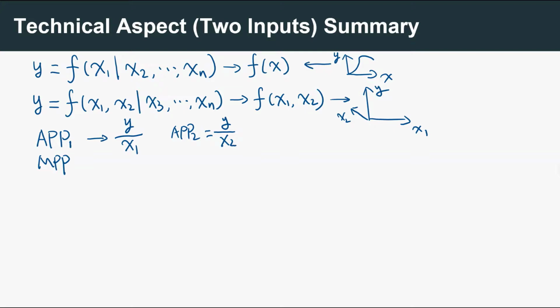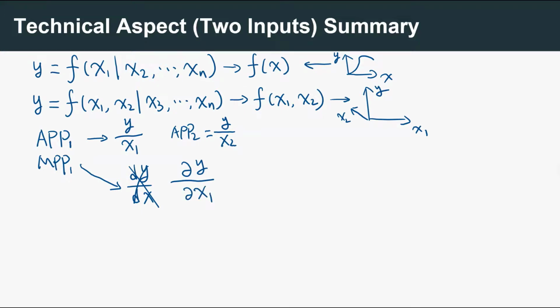And for MPP, we actually introduced a new concept, partial derivatives, to calculate MPP1, because in the multiple input production function case, we are not having dy over dx anymore. So this is for the one input case. If we have two inputs, then we need to use the partial derivative of y with respect to x1.